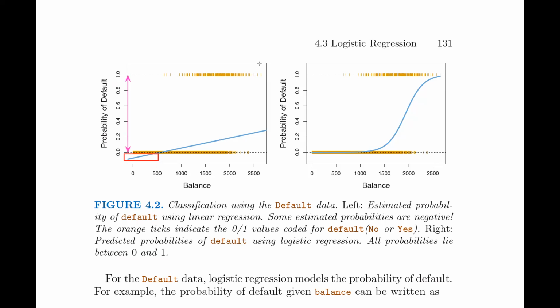Not only that, but if I extend the line far enough, the line will give us negative probabilities, and for balances over here, probabilities that are greater than 1.